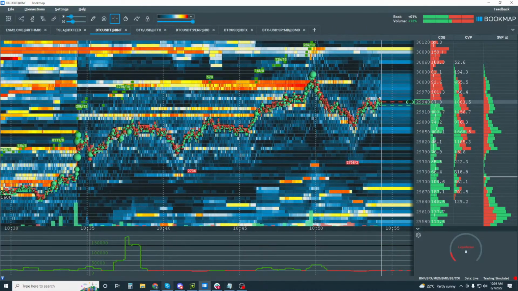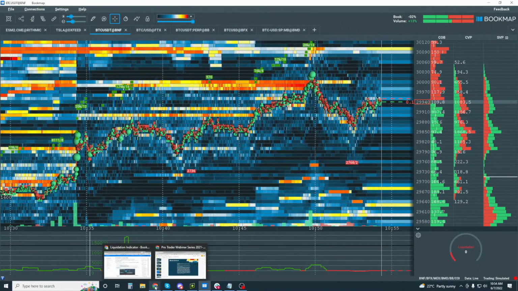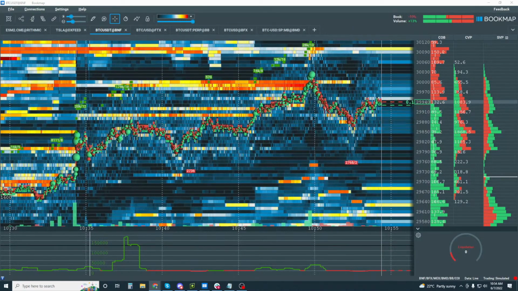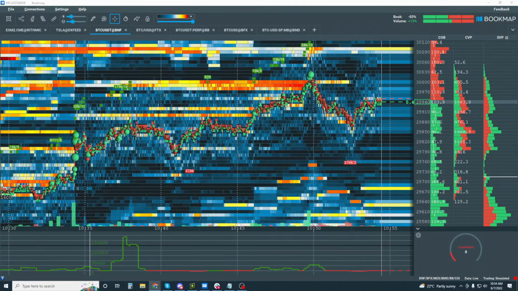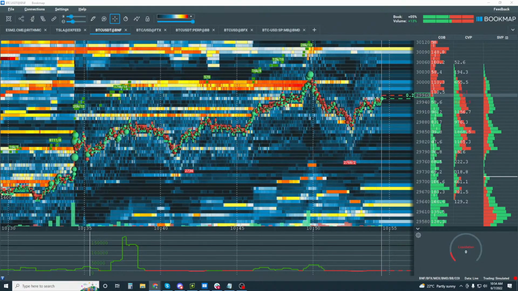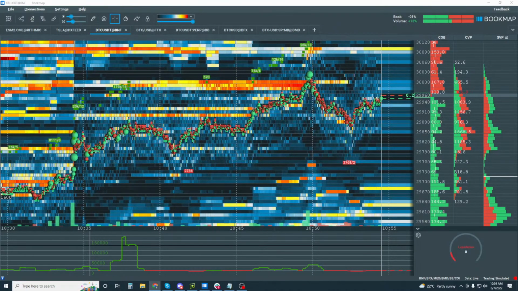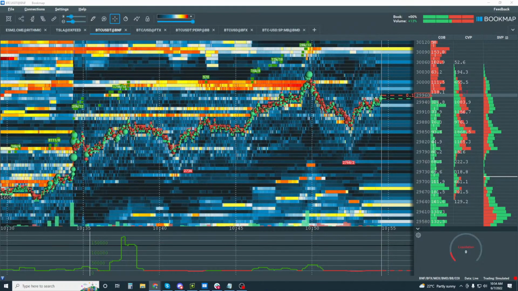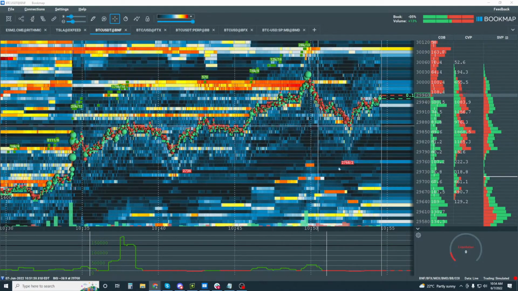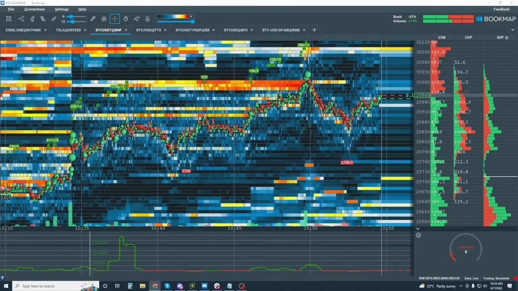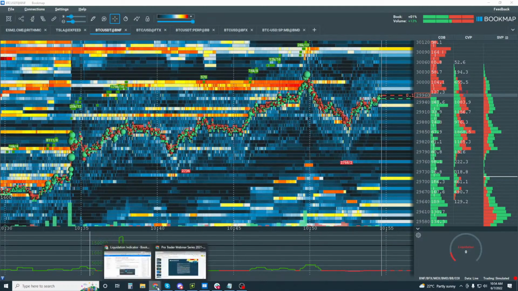Okay, so let's take a look at something I wanted to show you, and that is Bookmap Web. And then I also want to go through another point and talk about the sweeps indicator and show you book sweeps also with liquidations. Hold on a minute.